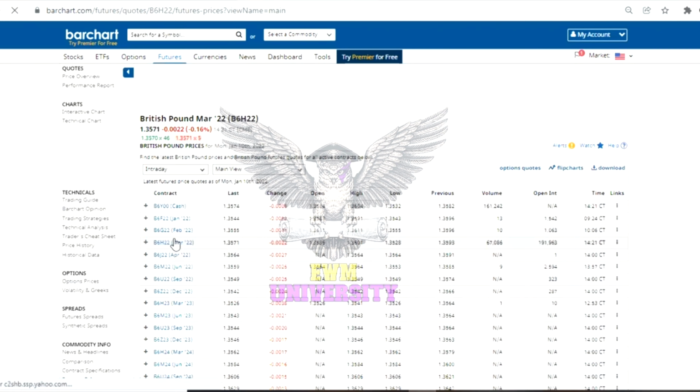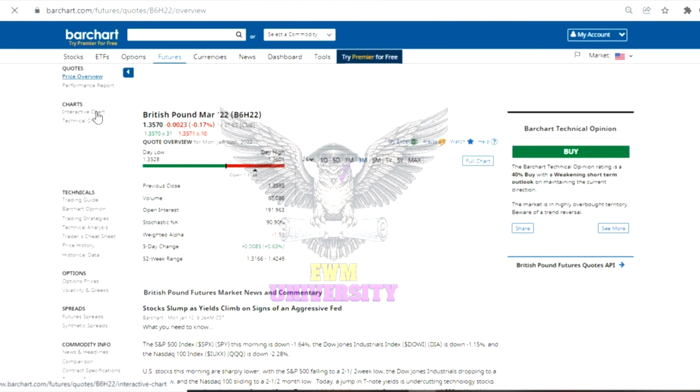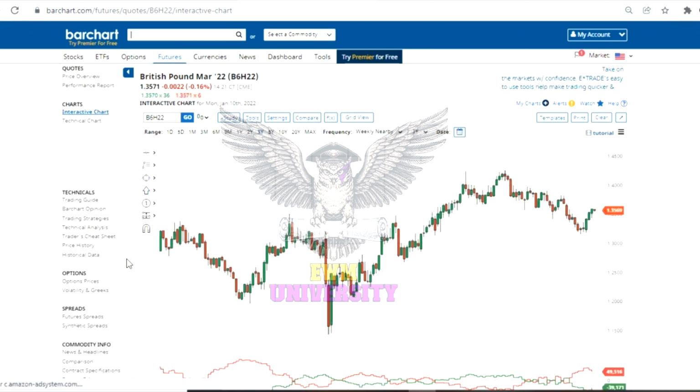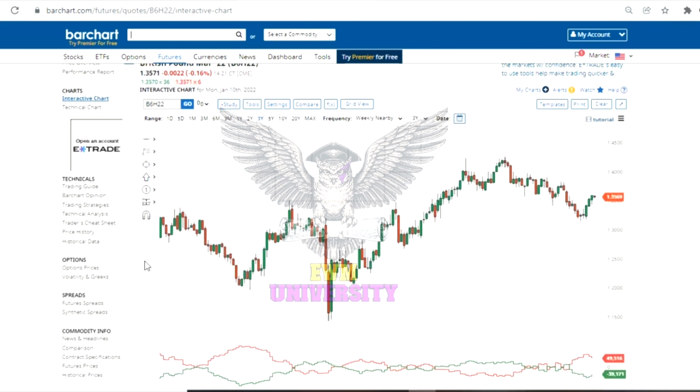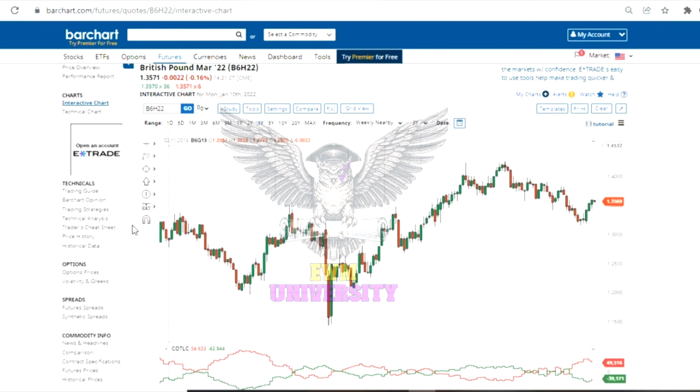Now we're going to scroll over here to the left, interactive chart. And here we have the British pound March 2022 futures contract.